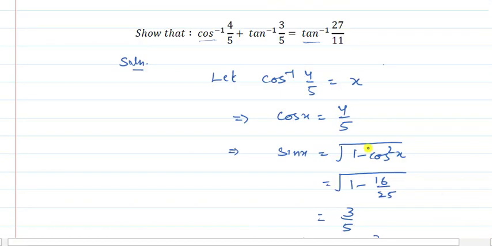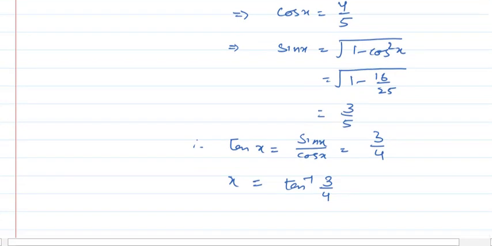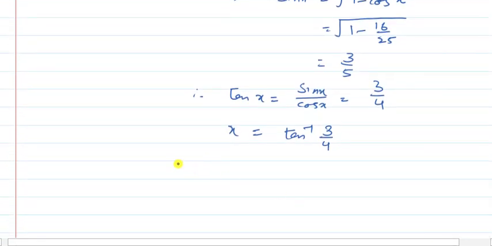It means that cos inverse 4 upon 5 can be written as tan inverse 3 upon 4. So let us rewrite the question as tan inverse 3 upon 4 plus tan inverse 3 upon 5, and this is our new LHS.